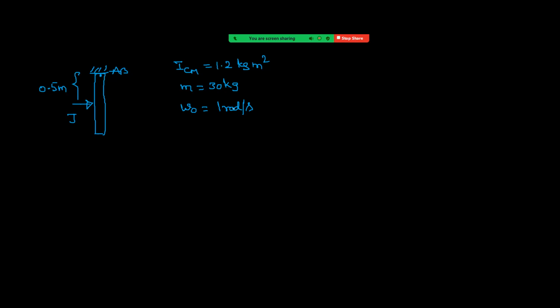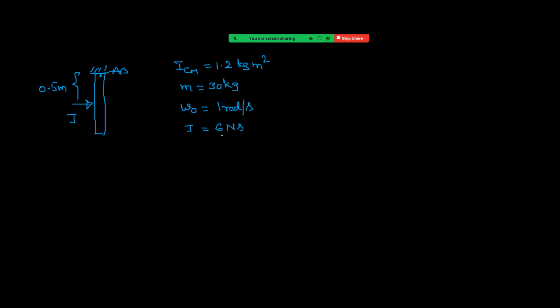And next, see what else is given here. The impulse on the sheet due to each obstacle is given as 6 newton-seconds.